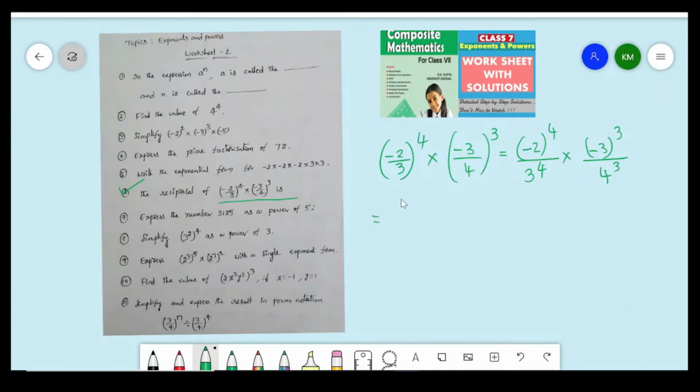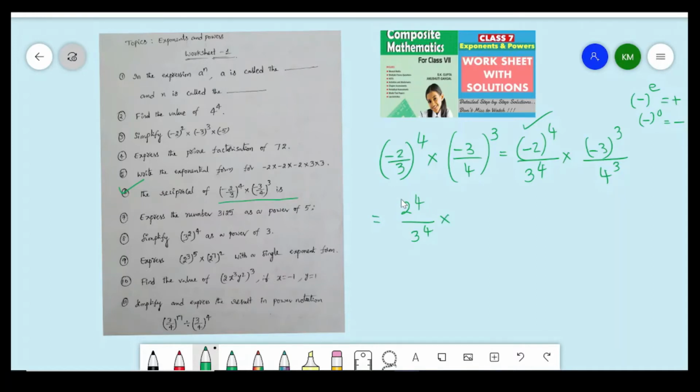So that is again equal to minus multiplied an odd number of times. When minus is multiplied an even number of times, the result is positive, and if it is multiplied an odd number of times, the result is negative. So here minus 2 whole power 4 is equal to 2 power 4, and in the denominator 3 power 4 is available with us.